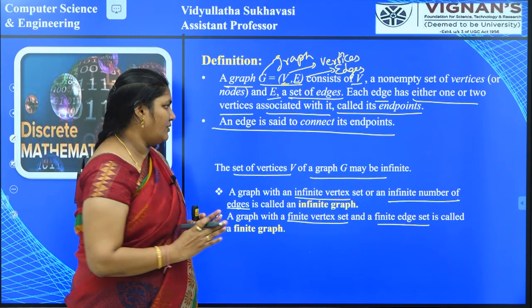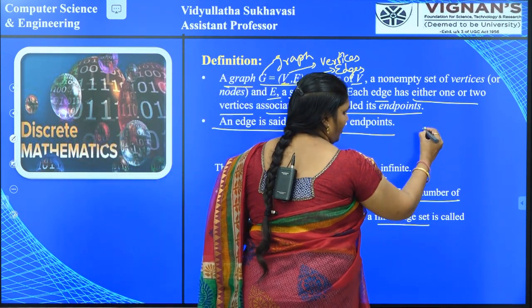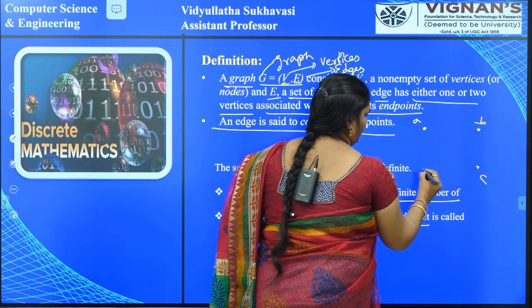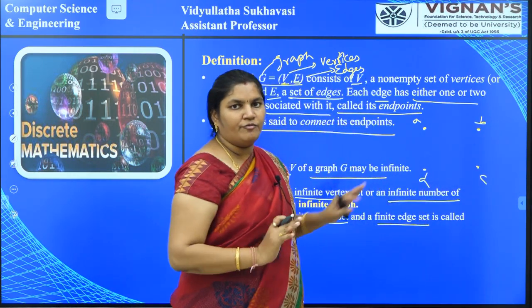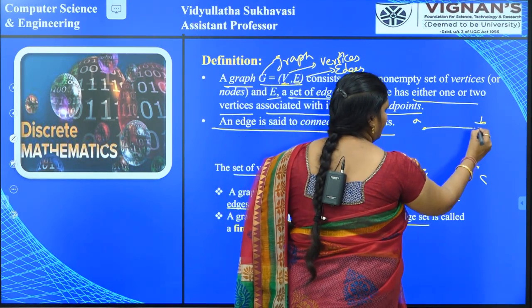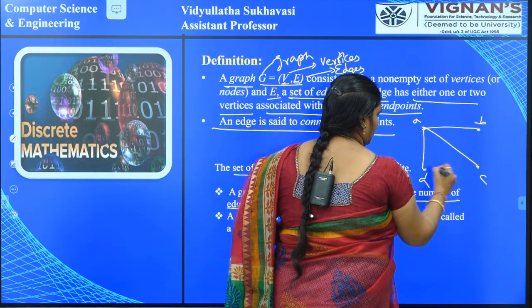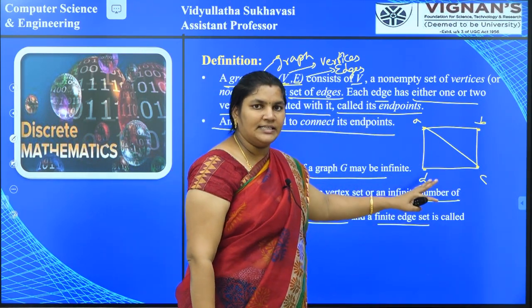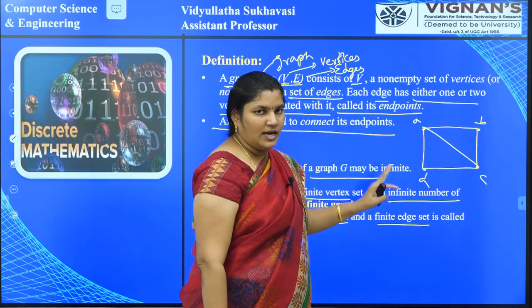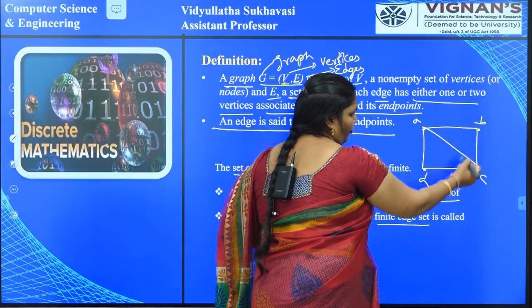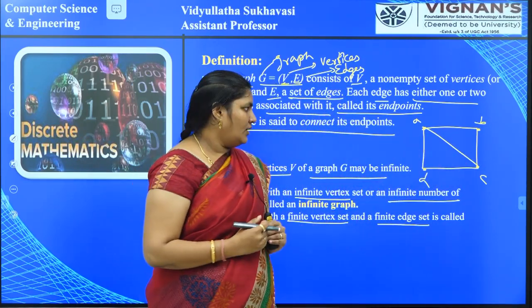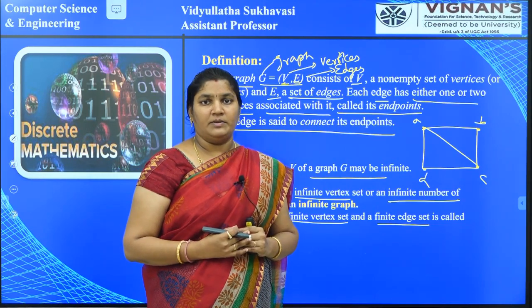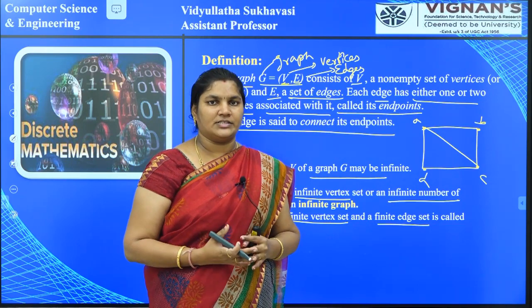Suppose we have taken a graph with A, B, C and D. That means we have four vertices, and we have connected these four vertices with edges like this. In this graph we can say there are four vertices and 1, 2, 3, 4, 5 edges. So we can define how many vertices and edges are there.